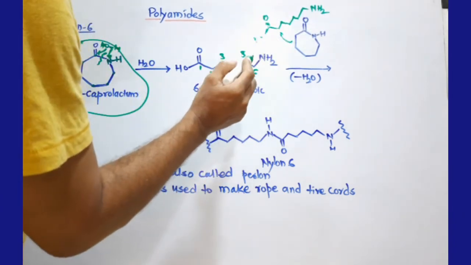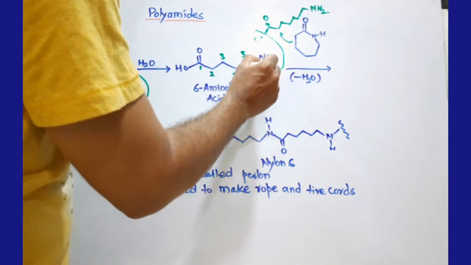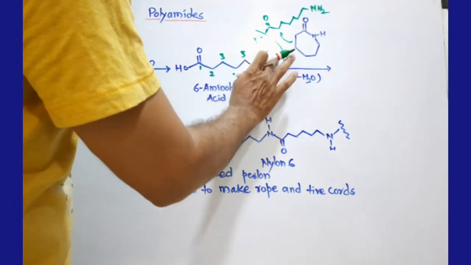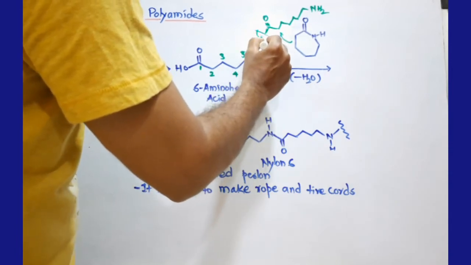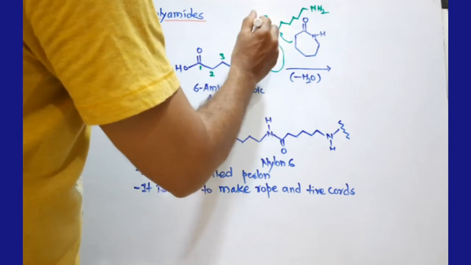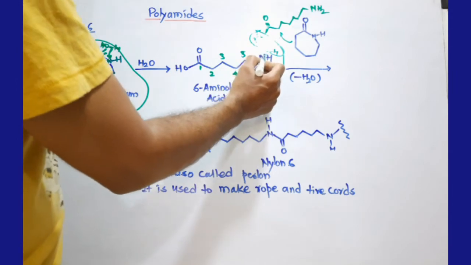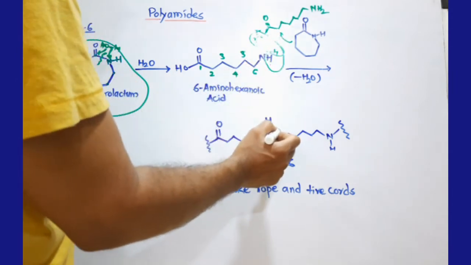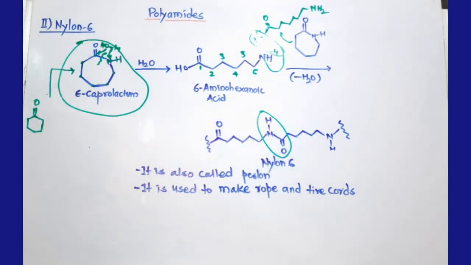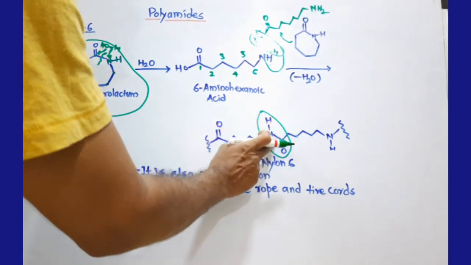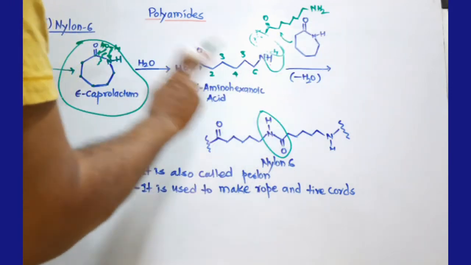Once this is produced, you just have to remove a water molecule. So OH is removed and H is taken from here, and we get an H2O molecule. This H2O is removed. What is left? NH and CO. This NH and CO is formed. This is an amide. Because the amide is repeated a number of times, we call it a polyamide.